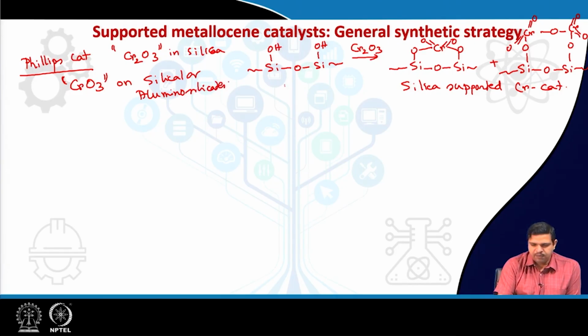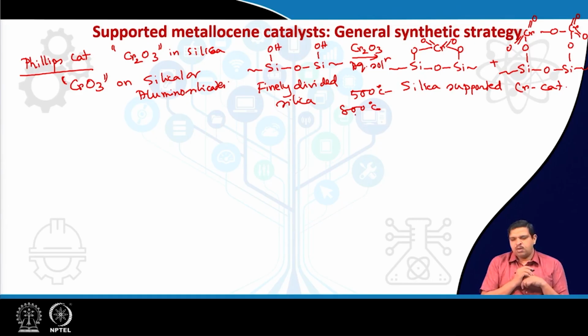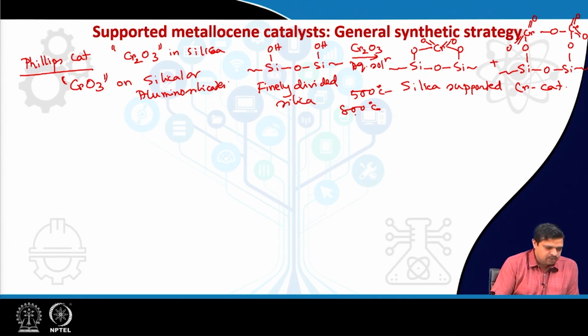It is prepared basically from finely divided silica and an aqueous solution, and we heat it at around 5 to 18 degrees centigrade. This is only for this one, but the temperature and other conditions will depend on the other catalysts.